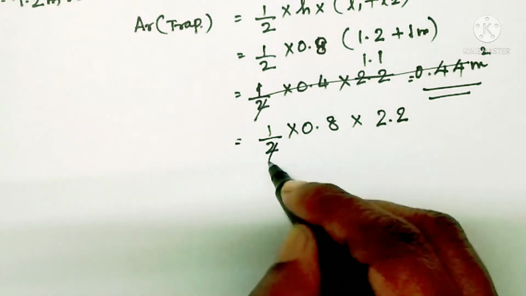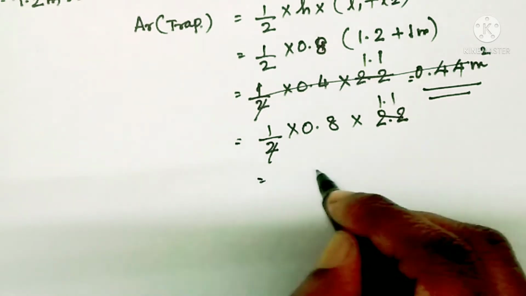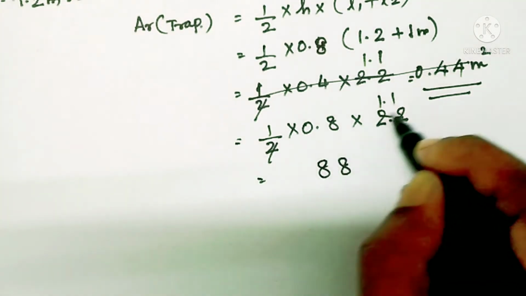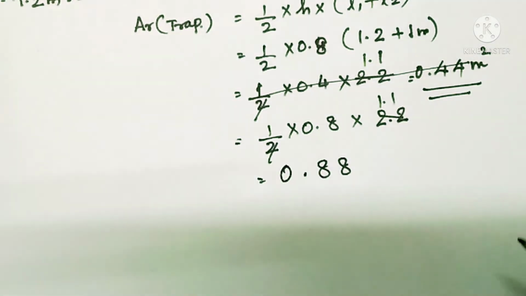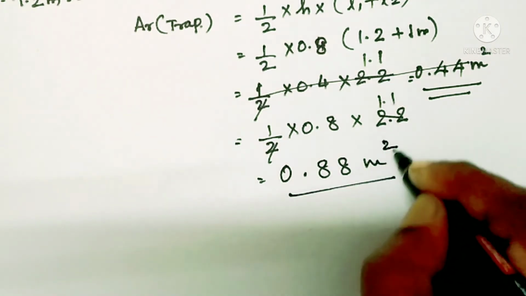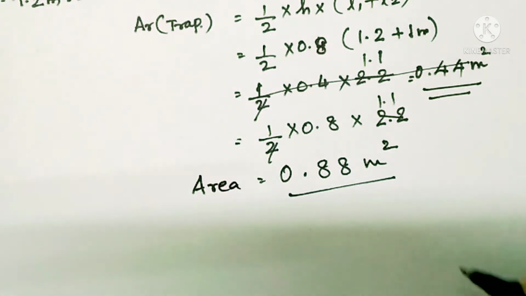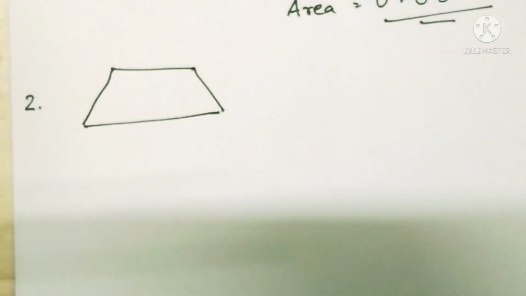So when you do cancellation here 1.1. 11 8s are 88, and you have here 1 decimal digit and here also 1 decimal digit. So total 2 decimal digit. So the answer is area is equal to 0.88 meter square.